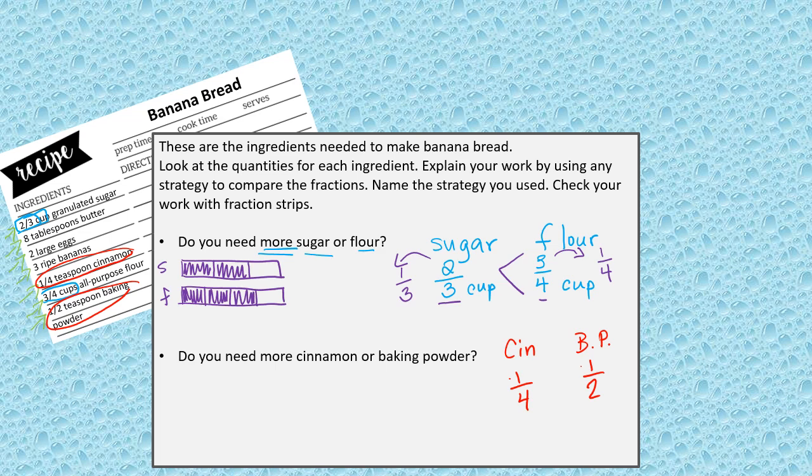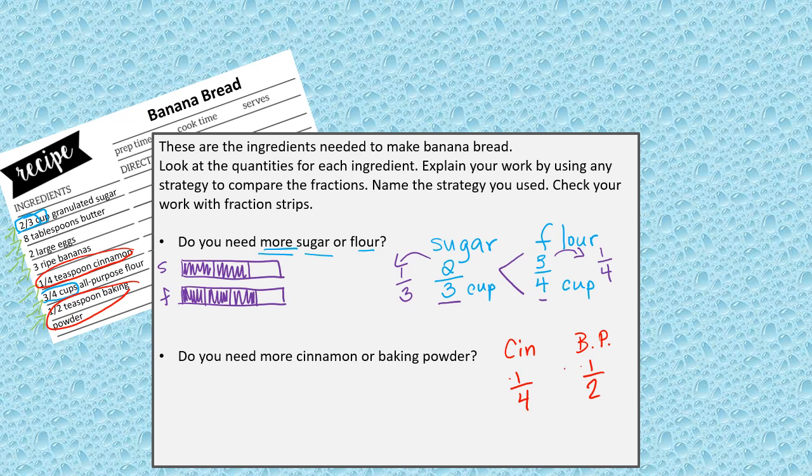So I know that we're shading in, or we're counting one part on each, and now we have to decide which one of those parts is going to be greater. If you have a whole and you break it up into 4 equal parts, and then you have a whole of the same size and you break it up into 2 equal parts, which of those parts are greater? The parts that are broken up into 4 or the ones in 2? Well, the ones in 2, because you have less parts that you're breaking it into.